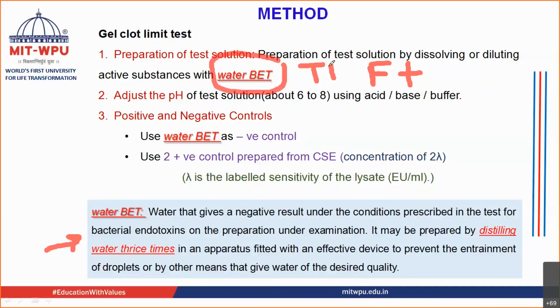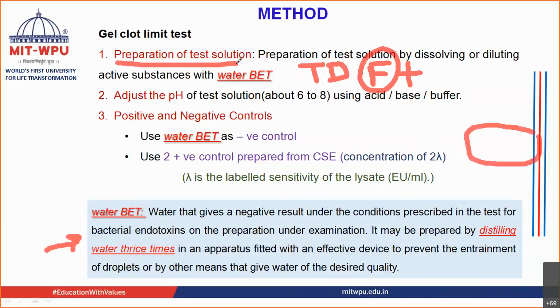By carrying out triple distillation, you prepare this water BET, which is free from bacterial endotoxin, and this water you mix with your formulation for dilution. In this way, you have prepared the test solution, by diluting your formulation with water BET.